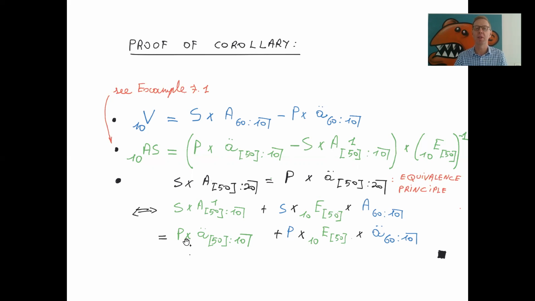And we also split the premium payments into the premium payments for the first 10 years and the premium payments for the last 10 years. So this equivalence has to hold between left-hand side and right-hand side. Reshuffling the terms in this equation a little bit leads to the fact that indeed the policy value at time 10 is equal to the asset share at time 10.